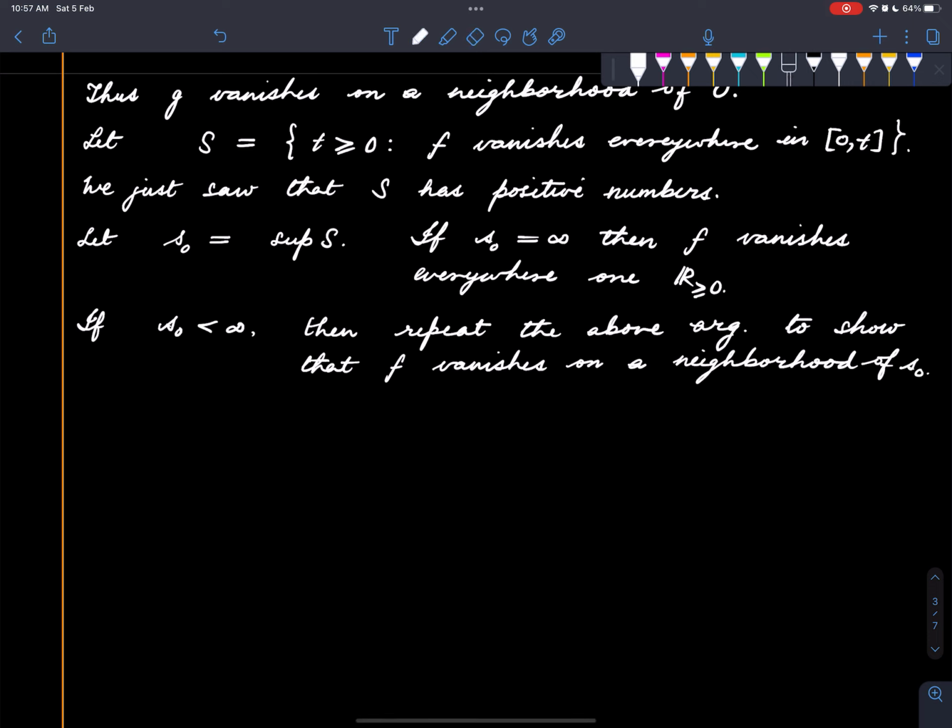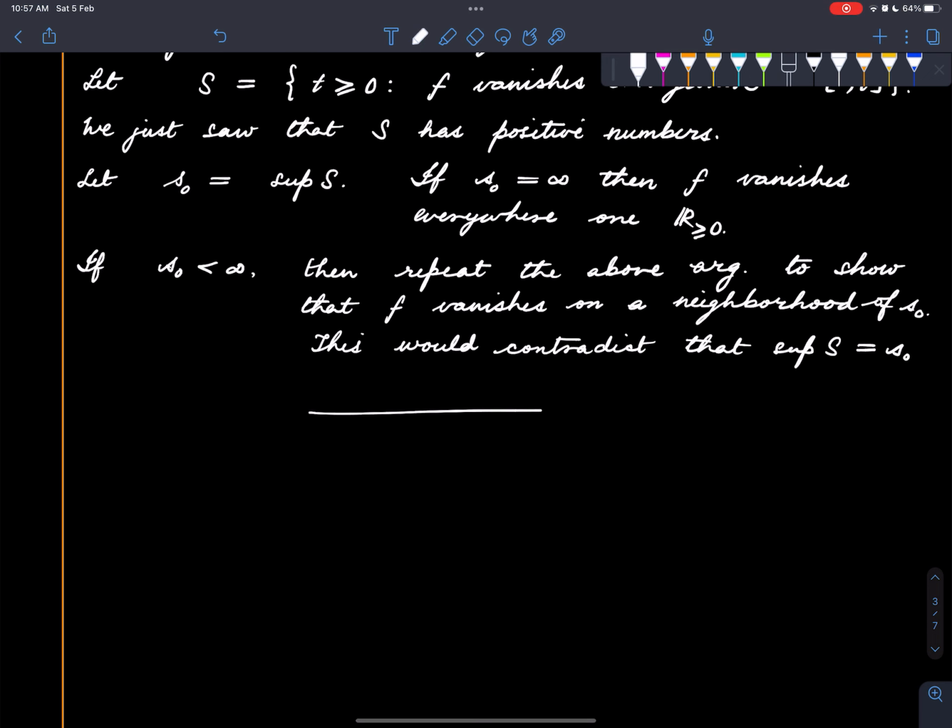This would contradict that the supremum of S is s₀. So let me explain this last line.